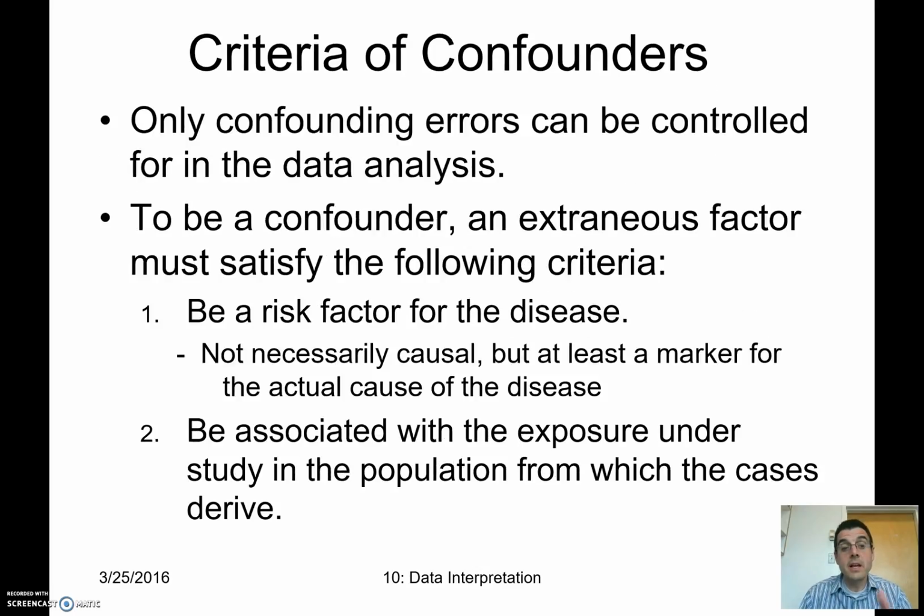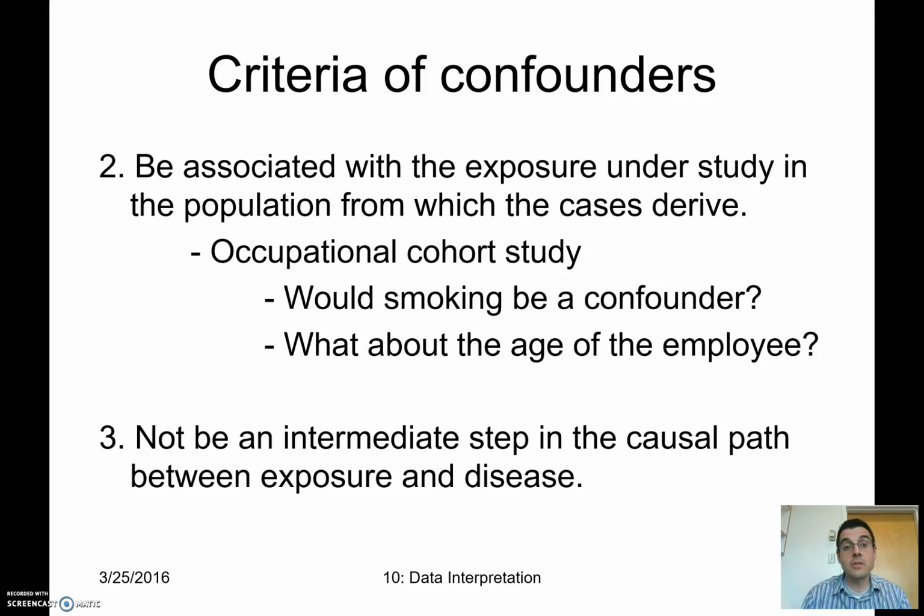So as I said a second ago, students can relate to a confounder. First of all, it must be a risk factor for the disease, as for example lung cancer and smoking or asbestos exposure. So that could be a potential risk factor for the disease, and it must be associated with the exposure under the study in the population from which the cases are derived.